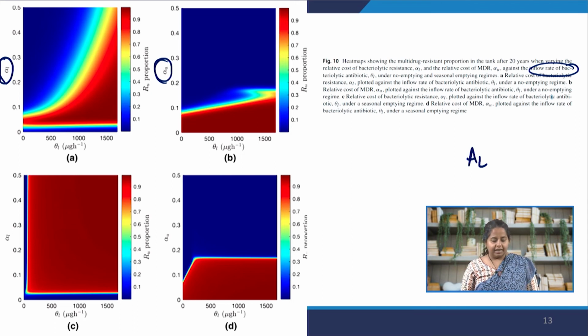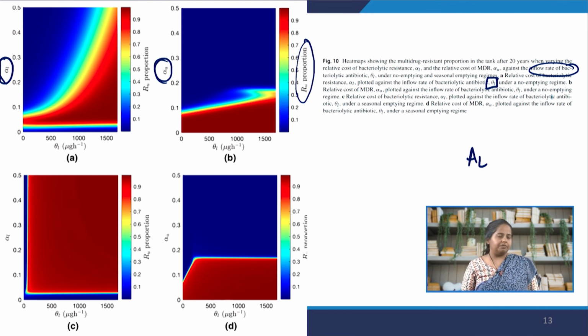And the color here is telling me the proportion of MDR in the tank. So, I can consult these heat maps and understand how things will change if I am able to stop or change the inflow of bacteriolytic antibiotics in the slurry tank.